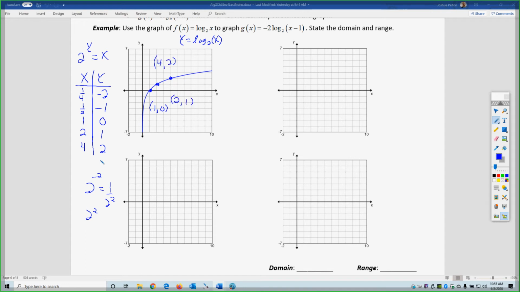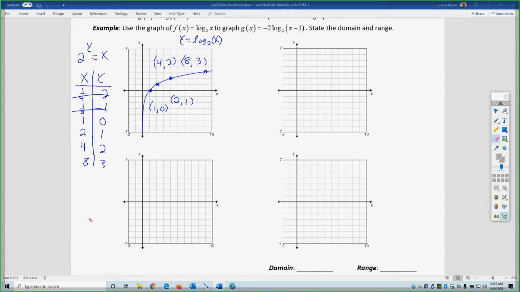Okay, and I'll do one more. 2 to the third power is 8. So there's 4 nice, easy, convenient points. I'm not going to do any higher because they go off the graph, and these ones are fractions, so I'm not going to do those. That gives us enough points to translate, then transform them around the graph according to what's given.